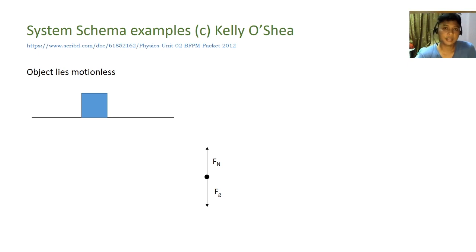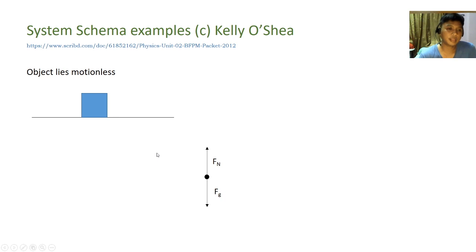In order to reveal those principles and concepts, you have to draw a system schema first. Now, this diagram right here is the free body diagram, but before you are able to do this, you have to have a system schema.